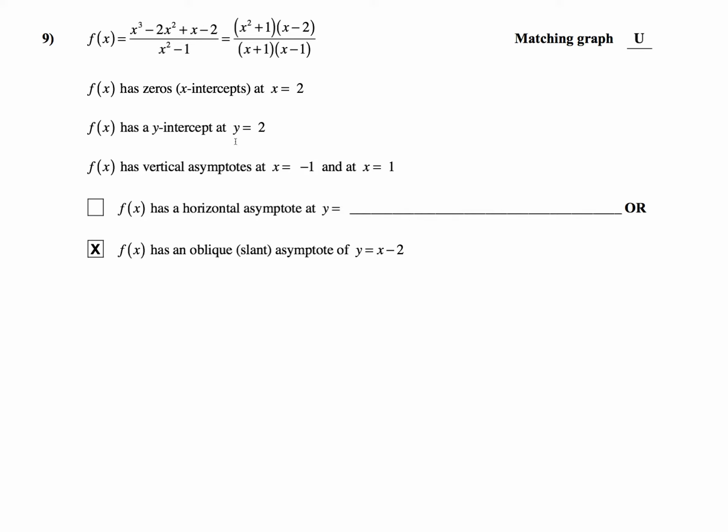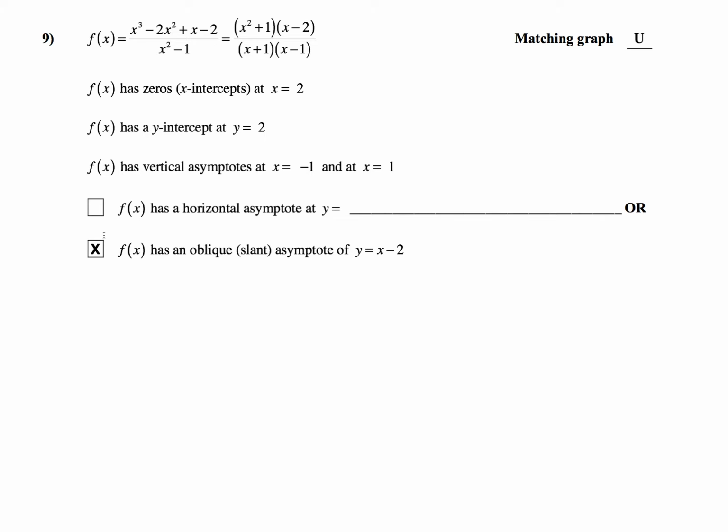And we have a y-intercept at 1 because, again, if you substitute 0 in for all these x's, all these terms disappear. You have negative 2 over negative 1, which simplifies to positive 1. So that's where the y-intercept is.